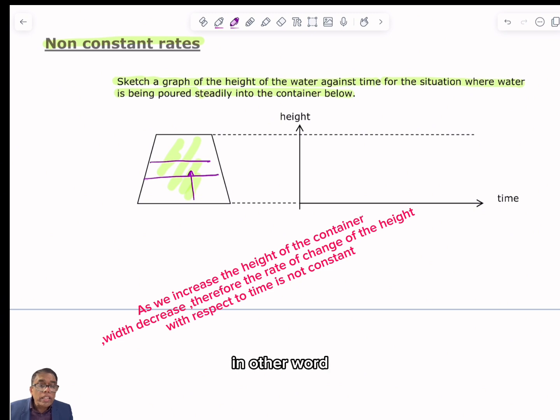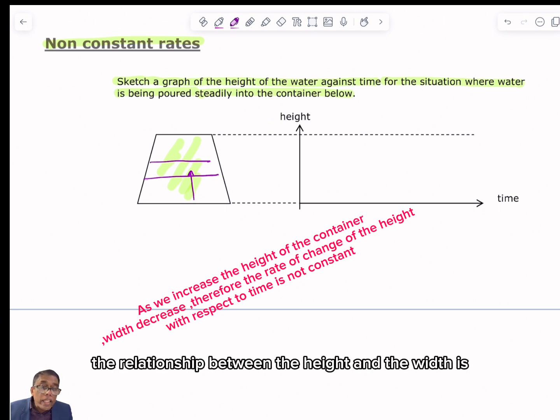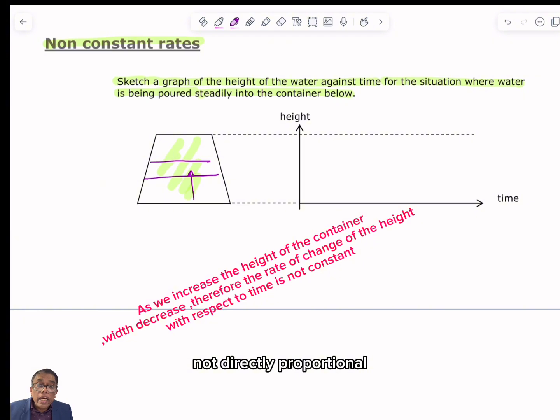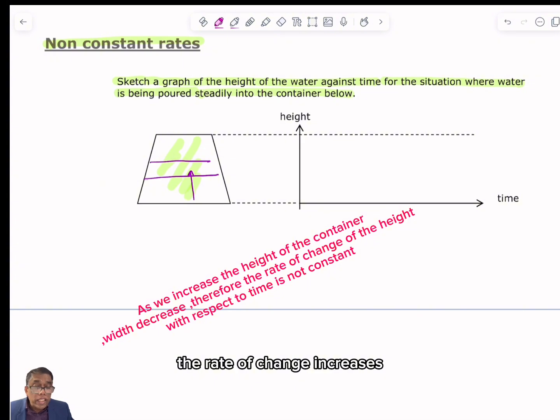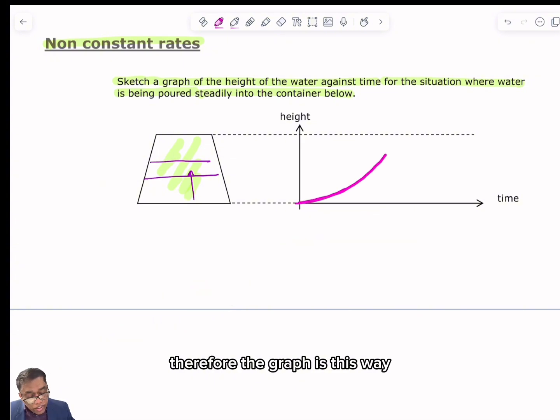In other words, the relationship between the height and the width is not directly proportional, and the rate at which the height changes depends on the width. Since the width decreases when we increase the height, the rate of change increases. Therefore, the graph is this way, like this.